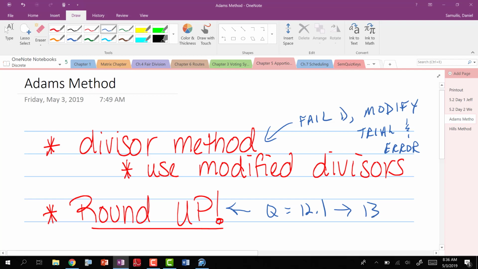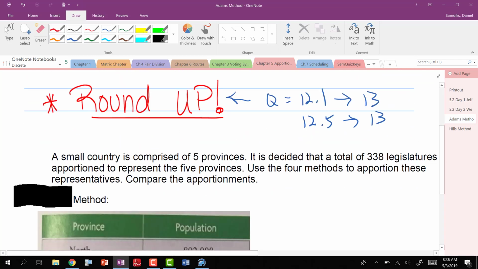That is not rounding mathematically. That's what Webster would do. Webster would have made that 12, and this 13. Adams makes these both 13, because anytime a decimal goes past the previous whole number, you throw it to the next number and then proceed from there. Okay, that's it. That's the Adams method.